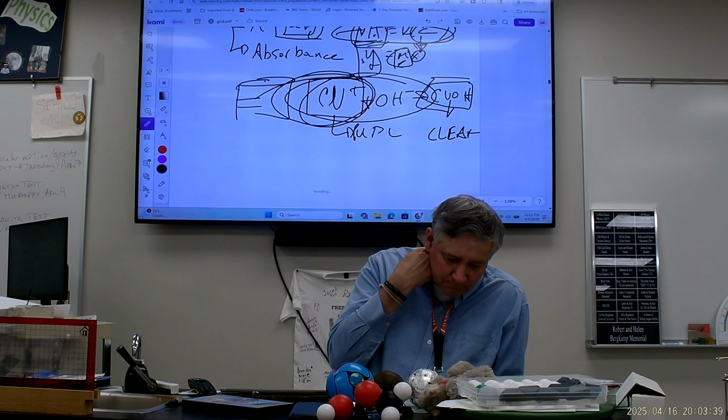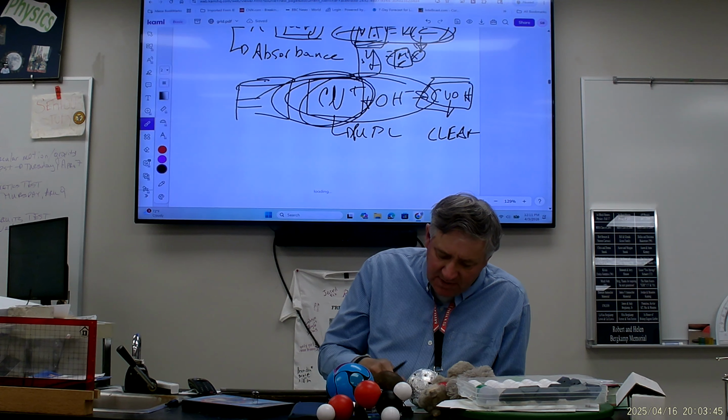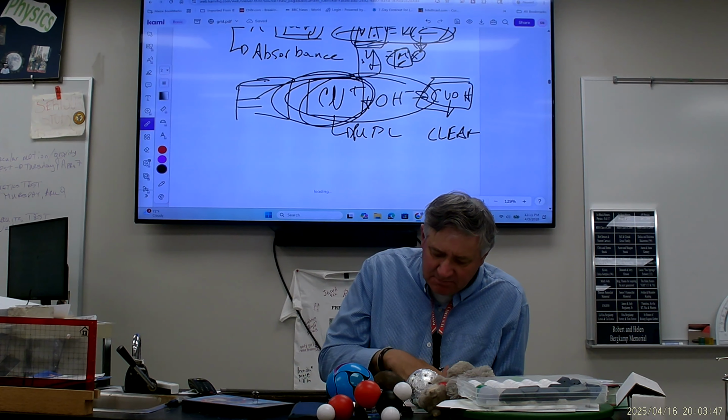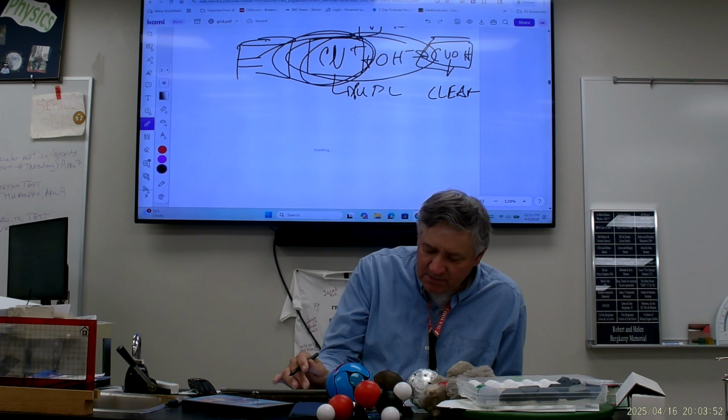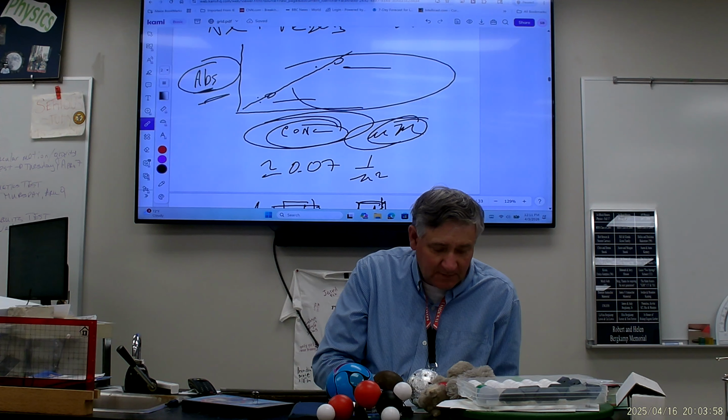Now, when you get to questions 14 and 15 on that back side, it says when looking at the absorbance concentration graph, what is the possible explanation for a point that is well below the other points? So in other words, you drew this graph, you had absorbance and you had concentration, okay?